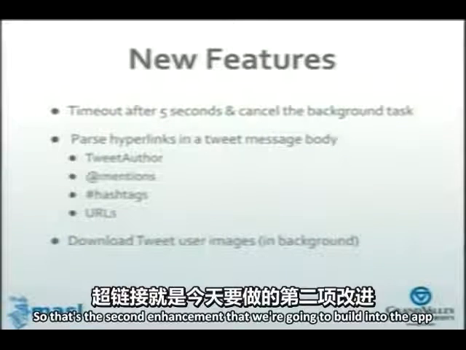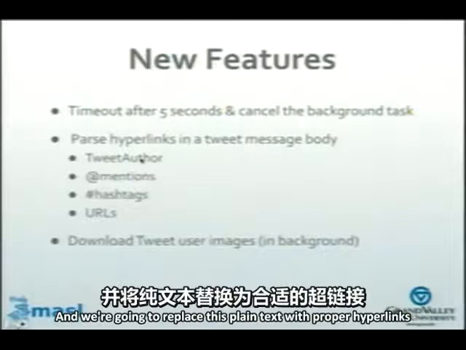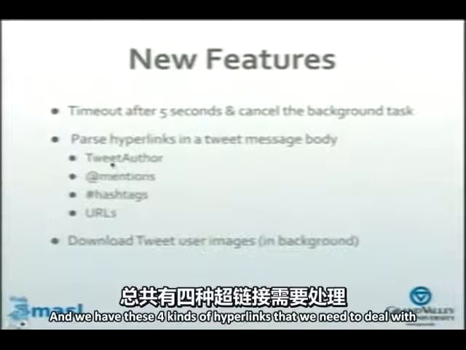That's the second enhancement that we are going to build into the app. You need to parse the text that comes from the Twitter server, and we are going to replace this plain text with proper hyperlinks. We have 4 kinds of hyperlinks that we need to deal with.